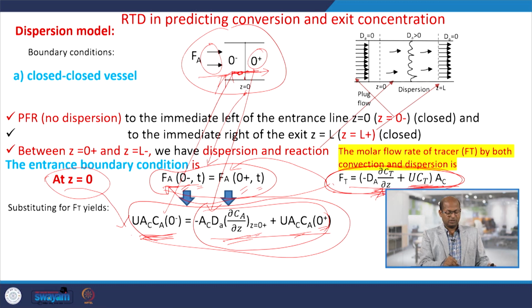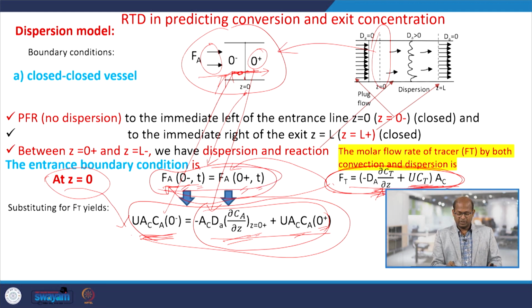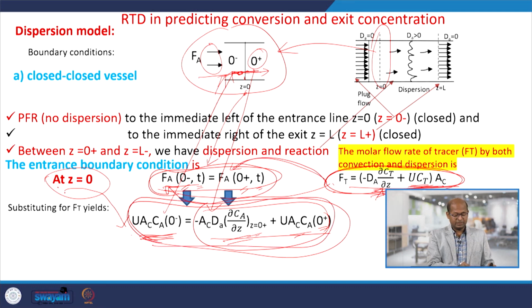This is at z equals 0 for a closed vessel system. At this particular point we elaborated, and based on the mole balance we did at time t, we substituted these equations and we get this. This is the boundary condition when z equals 0.